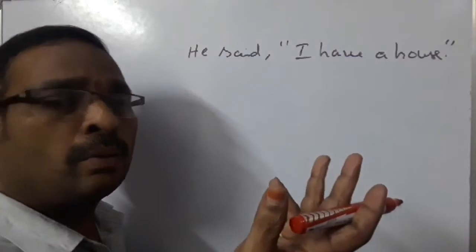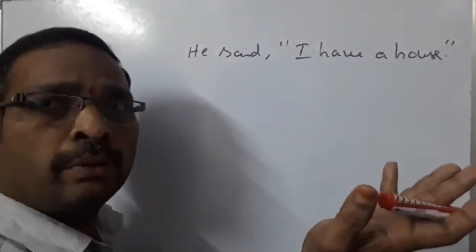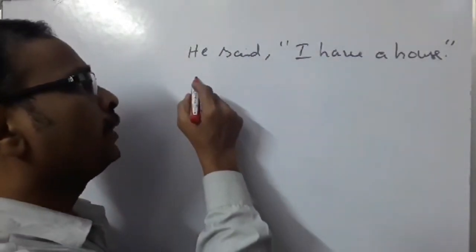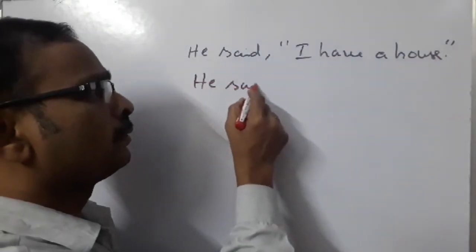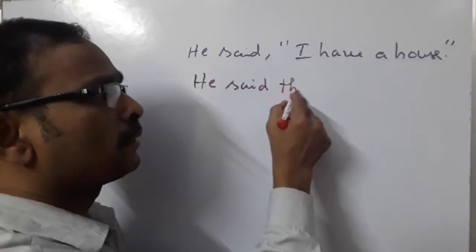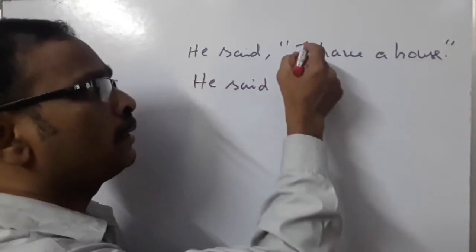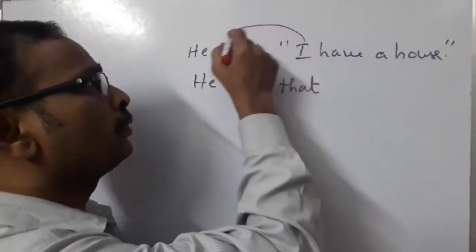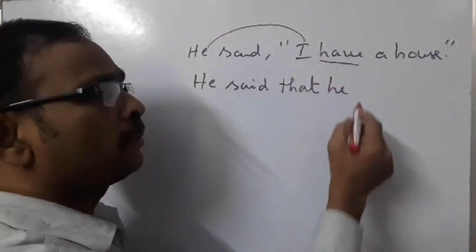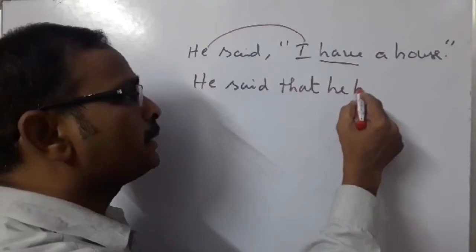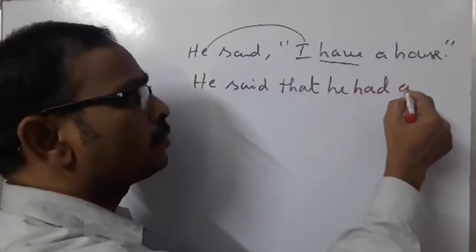When he said it, I don't know whether the house is there or not. So when we write the answer, we should write he said that he had a house. I refers to he, and the past form of have is had.